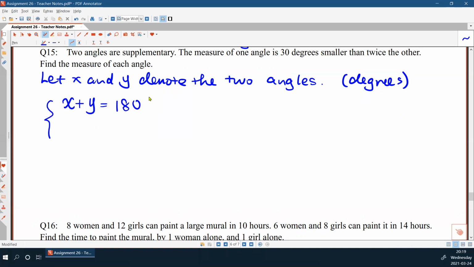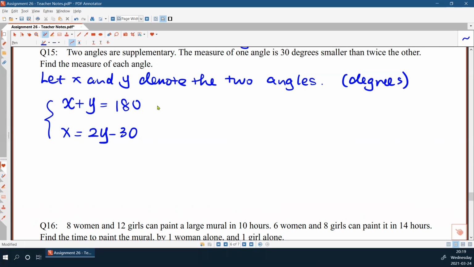So second, one angle is 30 degrees smaller than twice of the other. So twice of the other, how about 2y? X is 30 smaller. So that means x equals 2y minus 30, right?